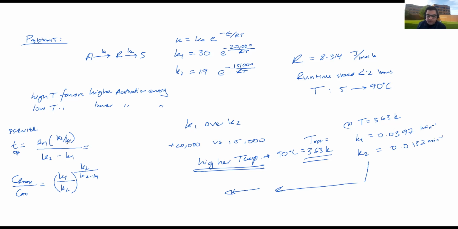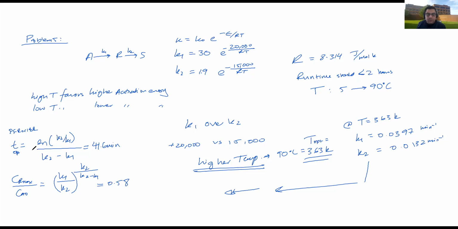If I plug them in here, I'm going to get the time to be around 41.6 minutes. And I'm going to get CR max over CA naught to be equal to 0.58.